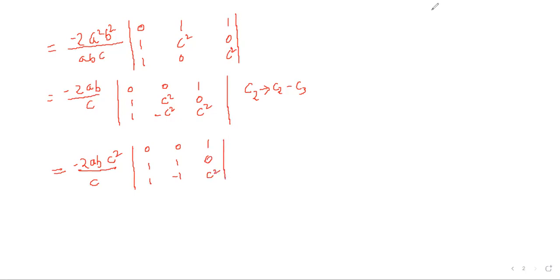Now I have told you this many times that if we perform this action, the 3 zeros must be of this type, either below the principal diagonal or above the principal diagonal. So how to make it? For this, if you add C2 and C3, 1 plus 1 becomes 2 and minus 1 plus 1 becomes 0.